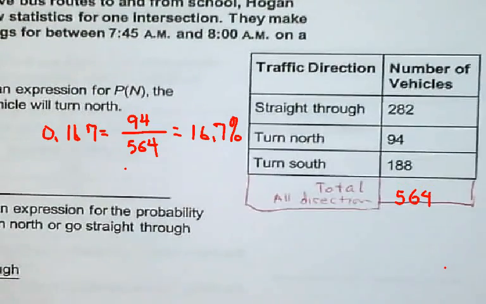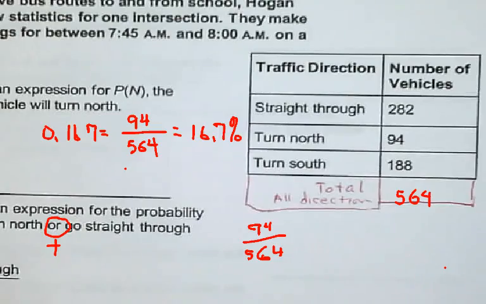Now this next one says turns north or goes straight, right? Turns north. Now remember, or just means add. So we know that turning north is 94 out of 564.